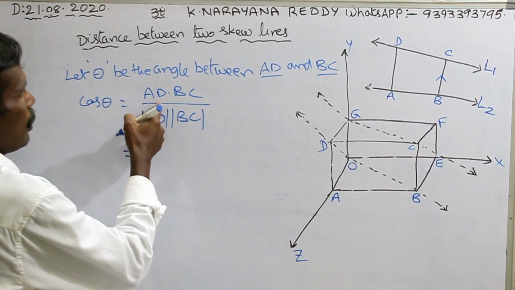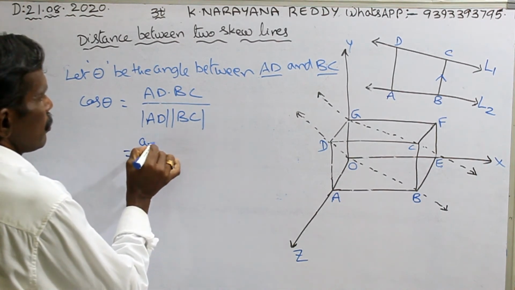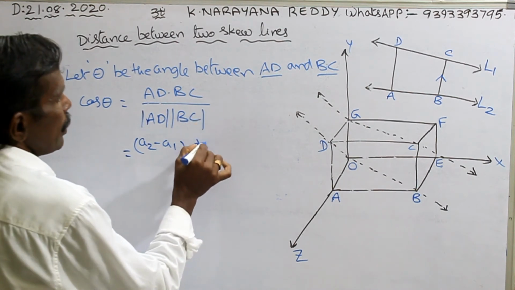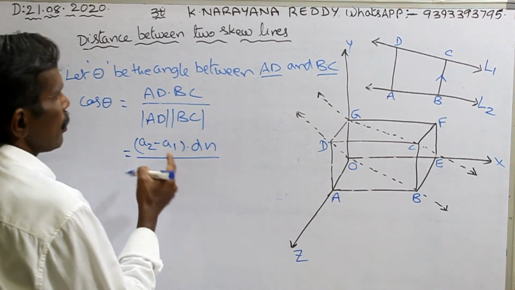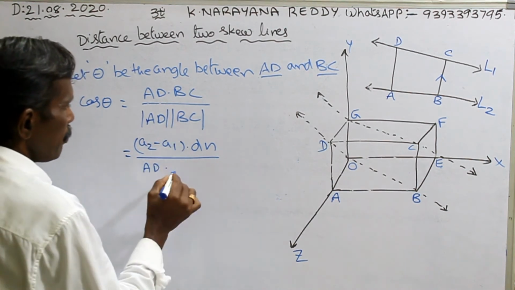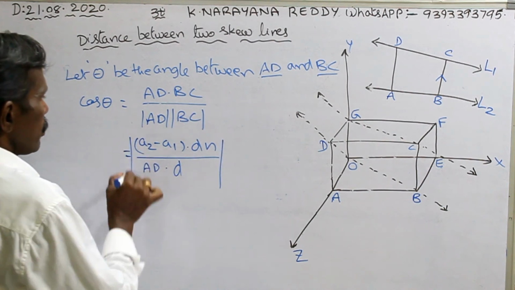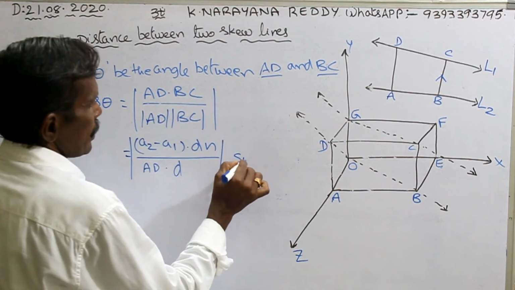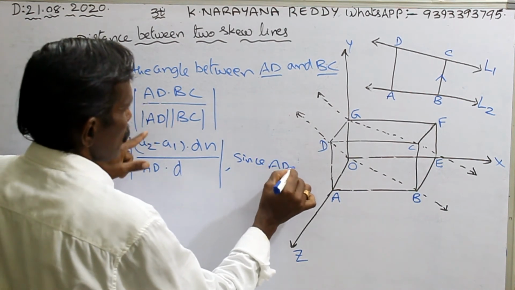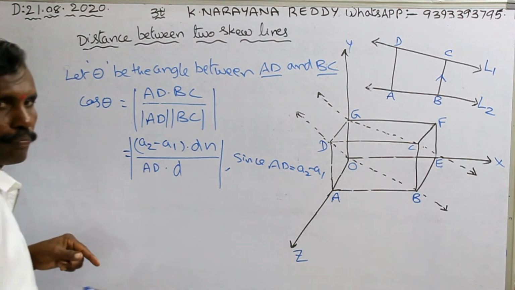Here AD dot BC, where BC is d n, divided by AD into BC. AD dot BC is nothing but d under mod. Since AD equals a2 minus a1. Okay.